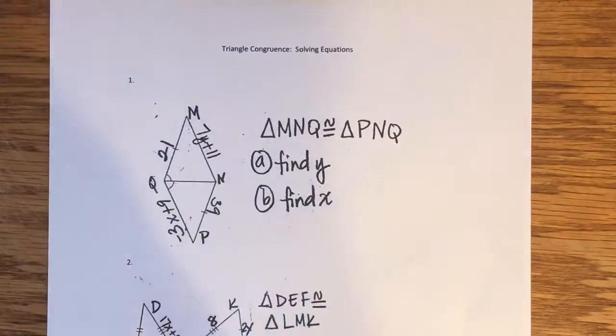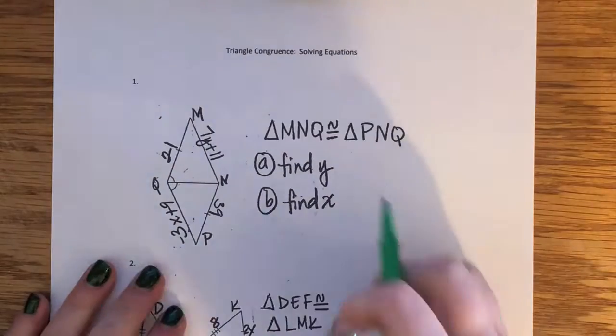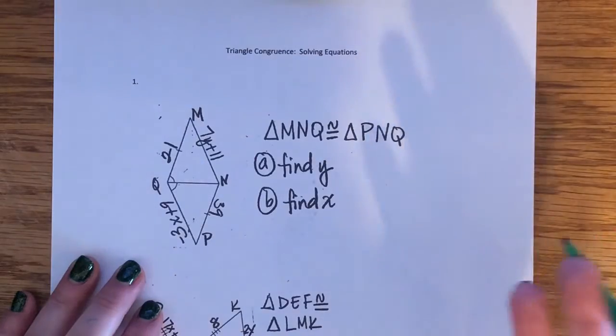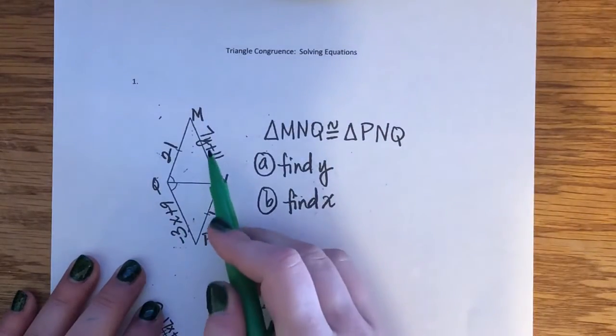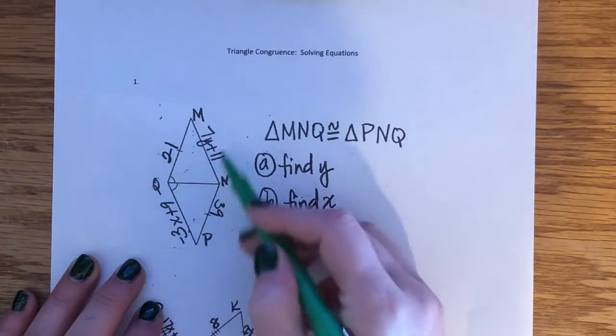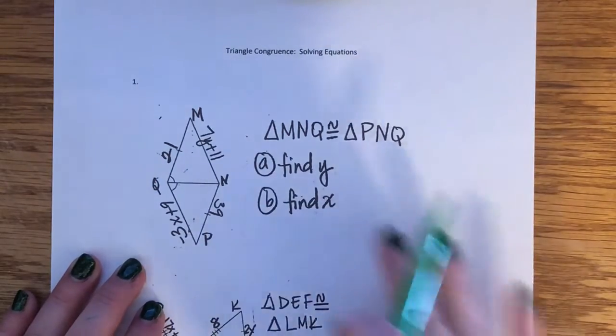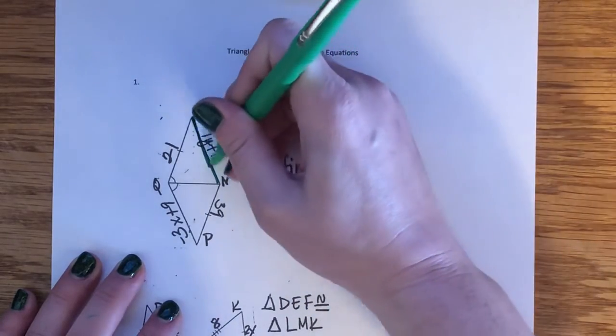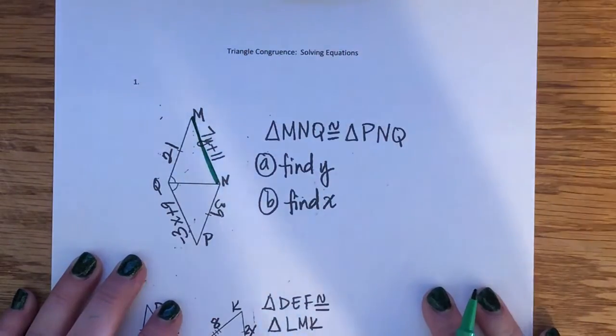Really what you want to do is you always just kind of want to start off by looking at what parts are corresponding and looking at how you're going to set up the equation. So I noticed right away that I've got a y and I've got an x. So I can see this expression has a y, this expression has an x. So I'm going to start off with y, and just like I did before, I'm going to highlight the side that has the y in it.